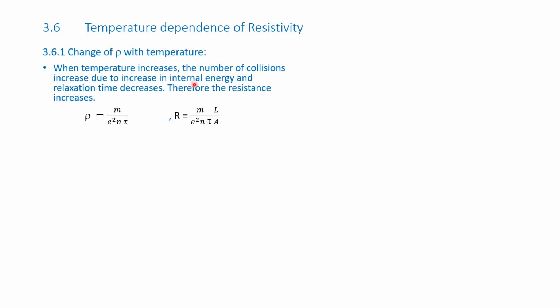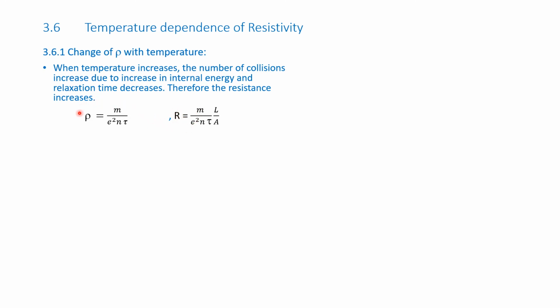When the temperature increases, the electrons or the charge carriers gain energy and they move very fast and collide. And when they collide, the time of collision decreases. When the time of collision decreases, the resistance increases. The denominator decreases means the value increases. Therefore, the resistance increases.